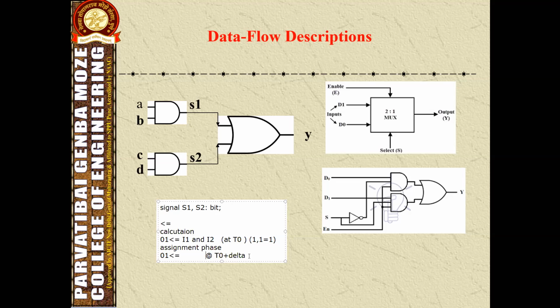If it is not mentioned, it will take a small amount of time for assigning into O1. That time we can call the delta time. So at T0 plus delta time, the value 1 is assigned to O1.